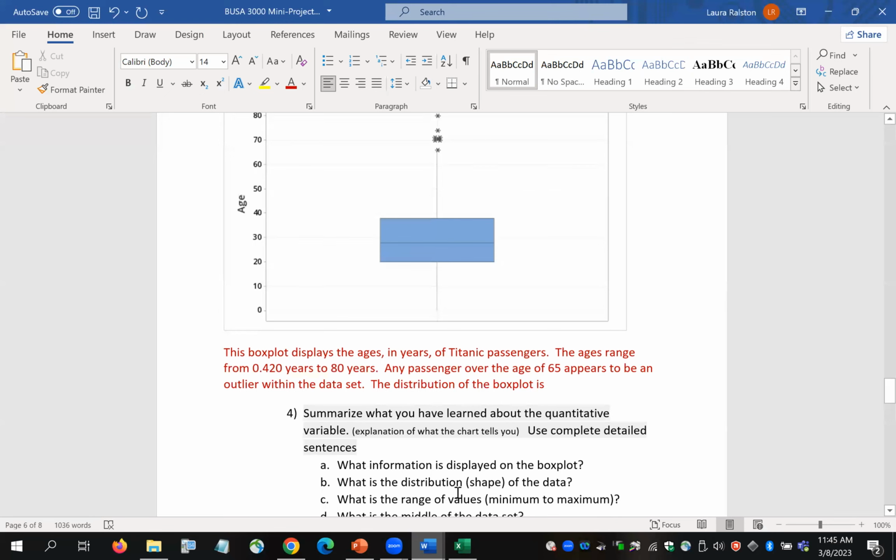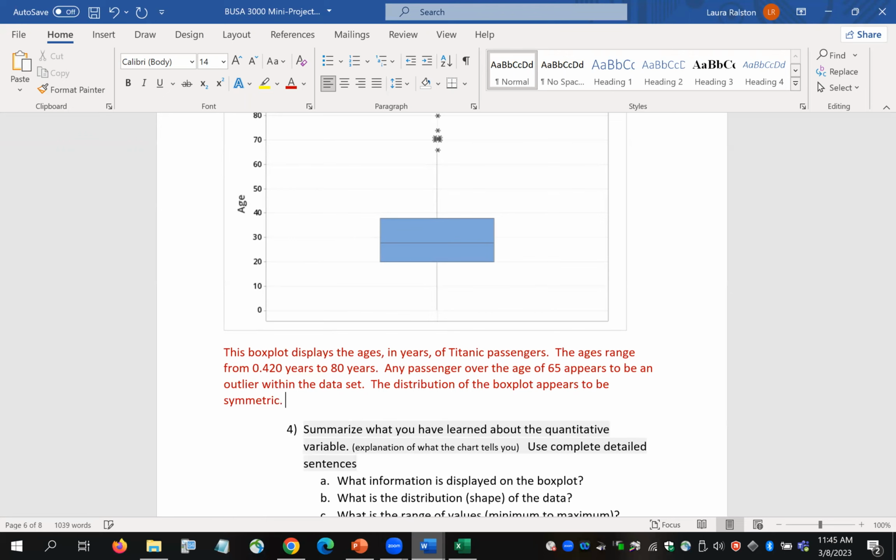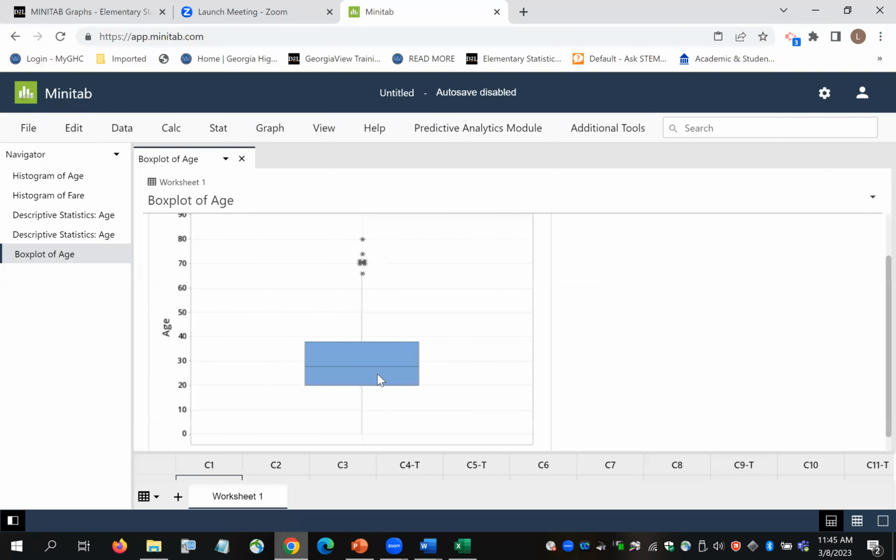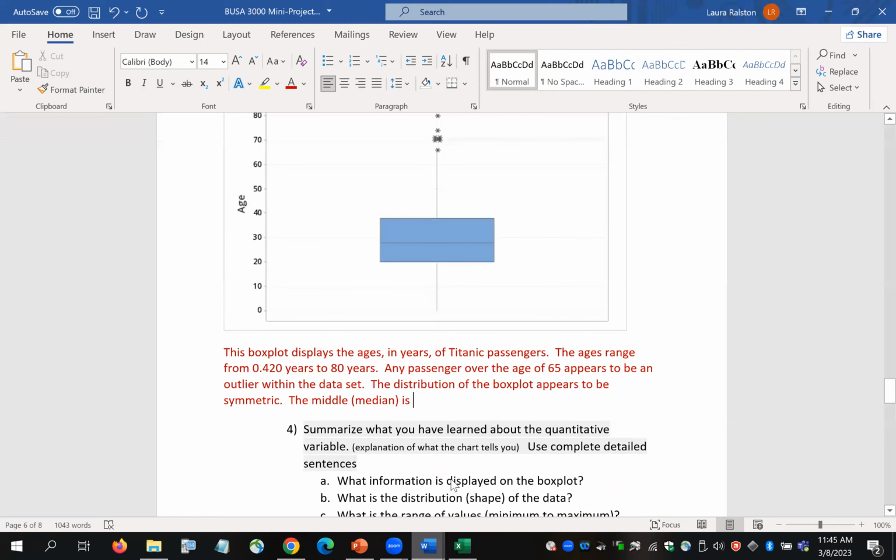I could say it's maybe skewed to the right. I'm going to say the distribution appears to be symmetric. The middle, or the median, is, and again, I can go over to Minitab, the middle is 28. Is 28 years old.